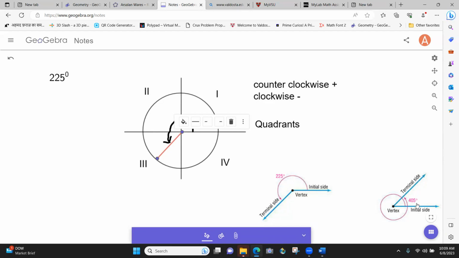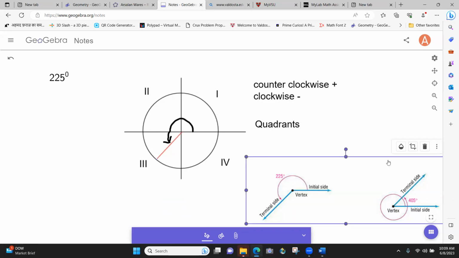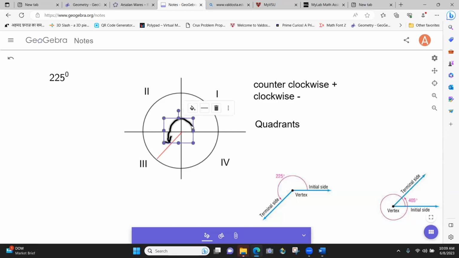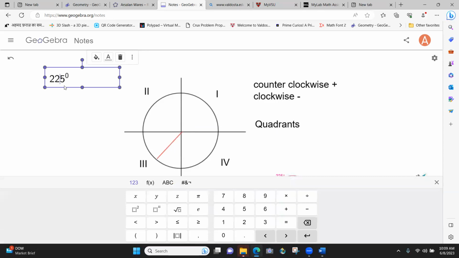What about 405? 405 is even more than 360. So for 405, where is your terminal side? It could be a perfectly valid question for angle 405. Your terminal side will be in which quadrant? Let's find out. It'll be a valid exam question for you guys. So let's take 405, write it right here.